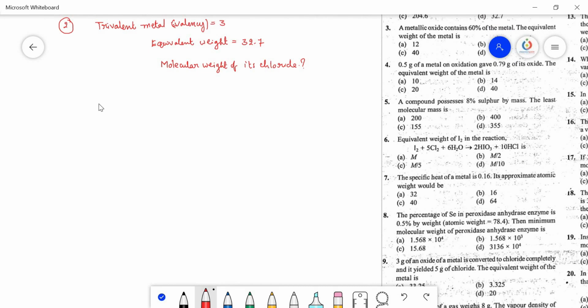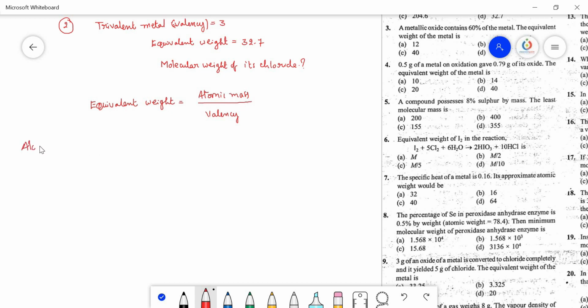First of all, we should do one important thing here. Equivalent weight formula: equivalent weight is equal to, for a particular atom, atomic mass by valency.